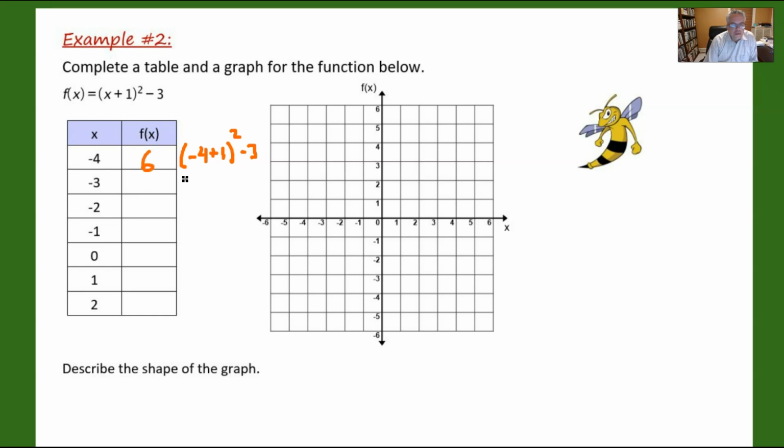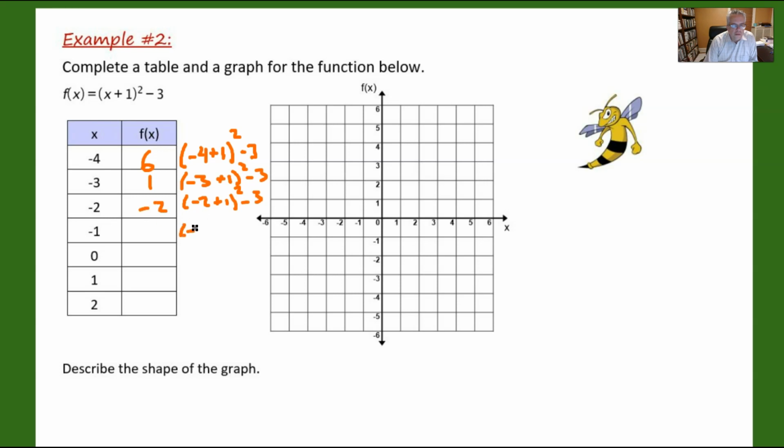All right, let's put negative 3 in. If you're using a calculator, you can just hit the cursor up button, change the negative 4 to a negative 3, and press equals. And so that'd be negative 2 squared, which is positive 4, minus 3 is 1. I'm going to put negative 2 in. That'd be negative 1 squared, which is 1, minus 3 is negative 2.